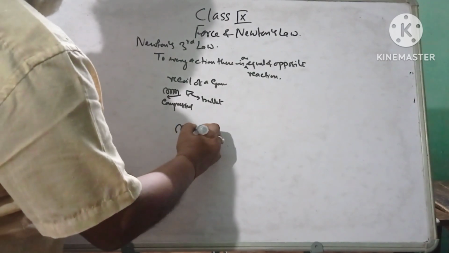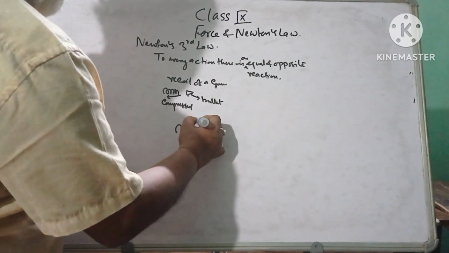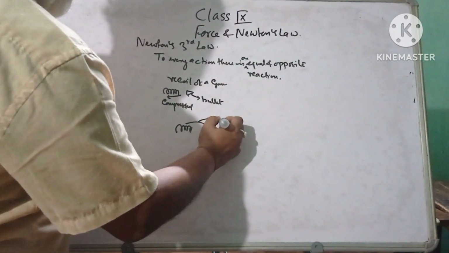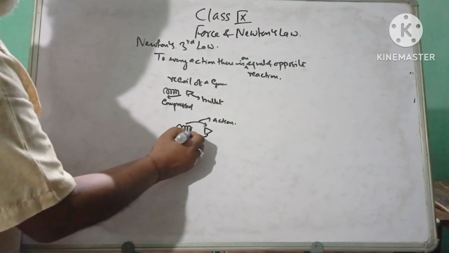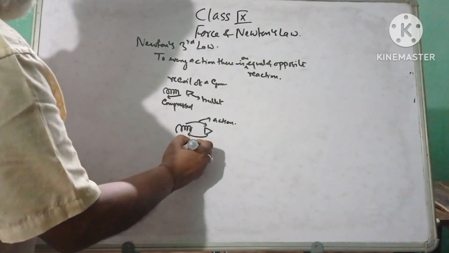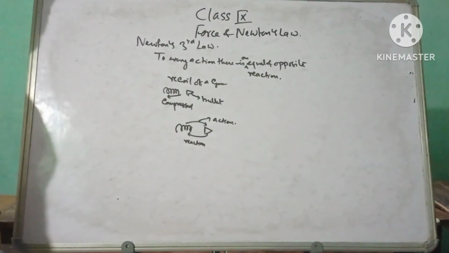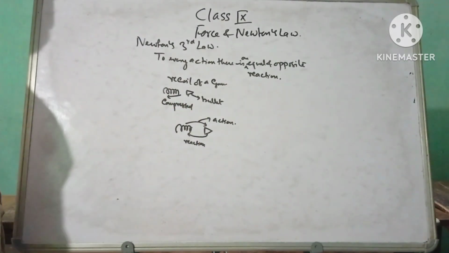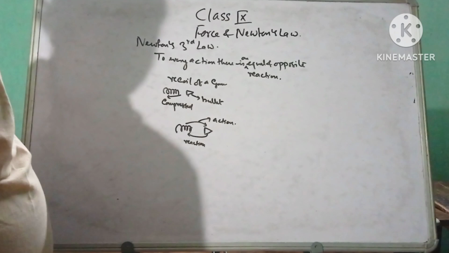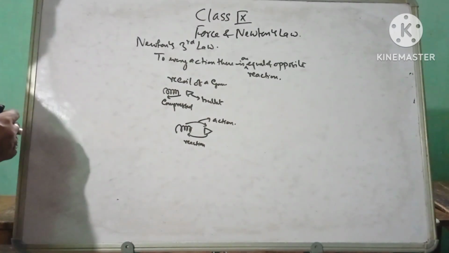This is the spring. It will act on the bullet. This is your action. And with an equal force, the bullet will act on the spring. This is reaction. And the spring again gets compressed. So this is an example of recoil: to every action there is an equal and opposite reaction.